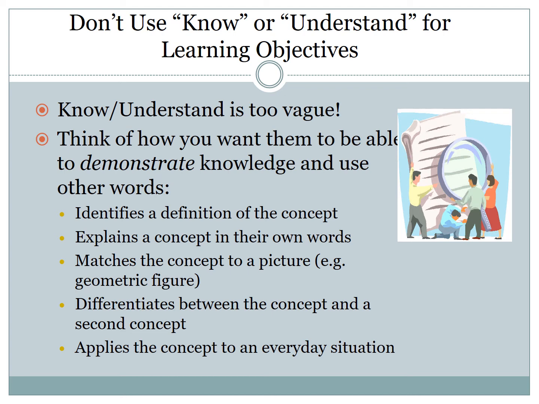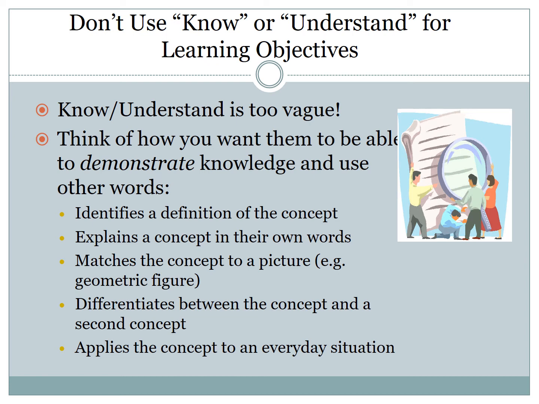So you use an action verb. So an action verb might be to identify, explain, match, differentiate. Anything that you can see them writing down or doing or performing using an action verb is appropriate, whereas if you say students will be able to understand, you can't really say that.